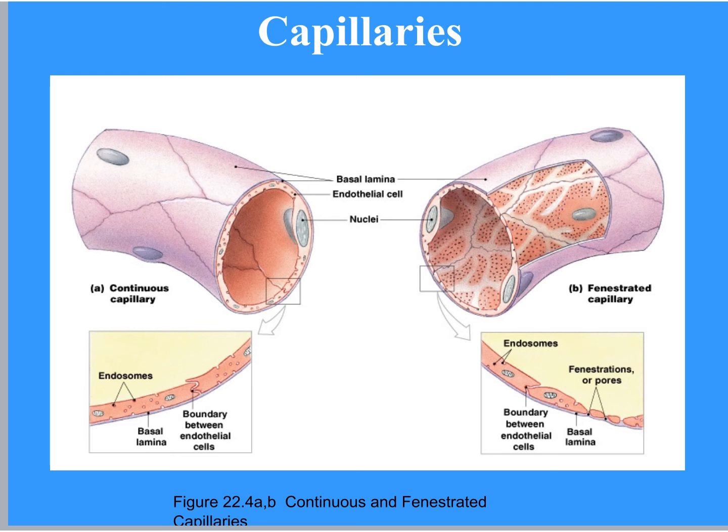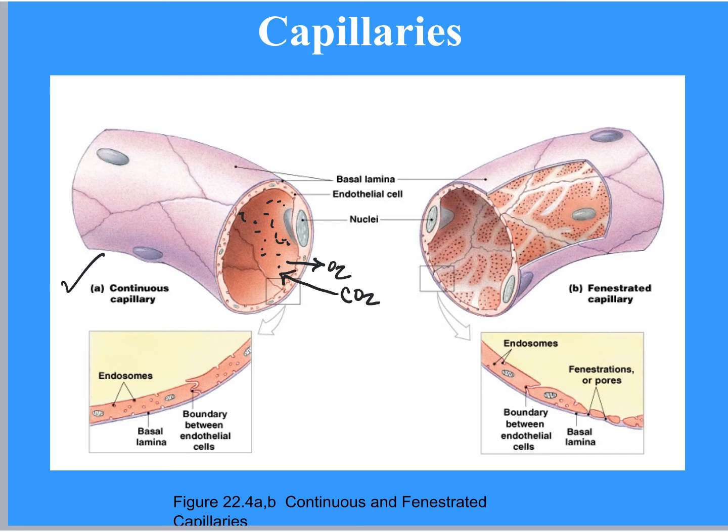So we can see the difference between a continuous capillary and a fenestrated capillary, where over on the left is that continuous capillary and you don't see any holes within that squamous cell, right? So the wall is continuous. Now remember, products are still going to be able to leak out, like oxygen. Products are still going to be able to leak in, like CO2, right?